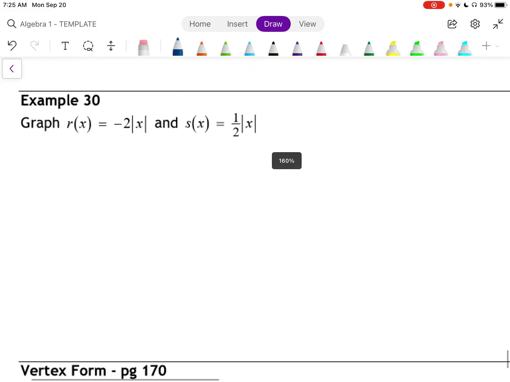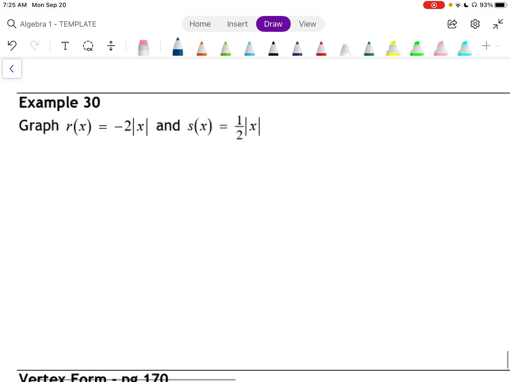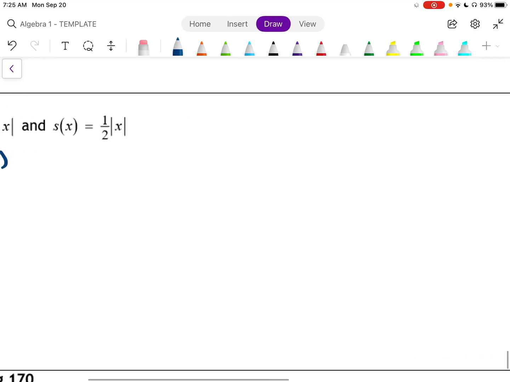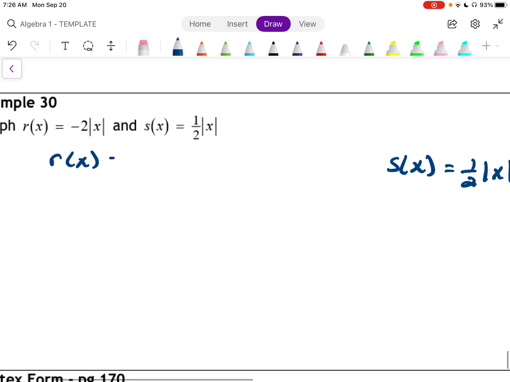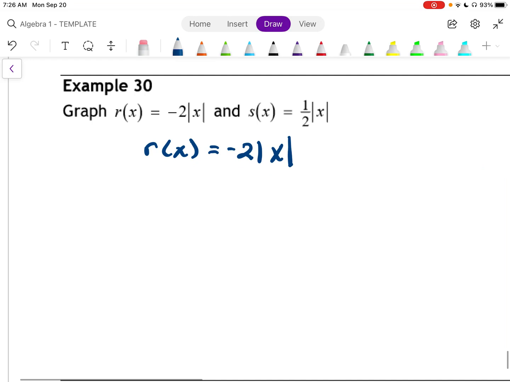All right, let's look at example 30. Now this one we're stretching and shrinking, so I think that we should just go ahead and do t-charts for both of these. We'll do r of x over here and s of x over here. T-chart, we have x, y.